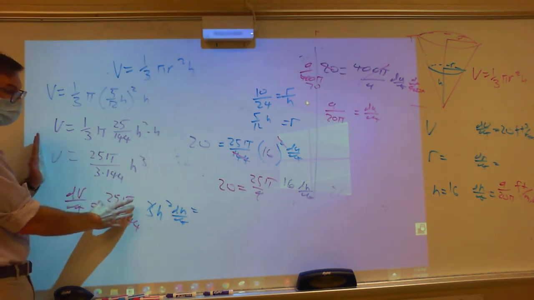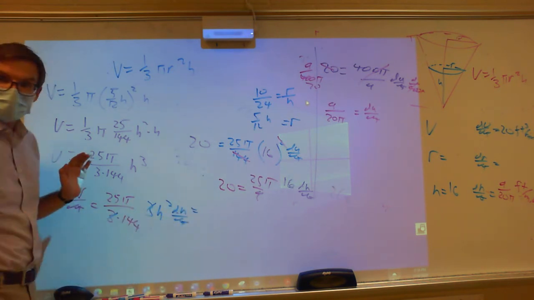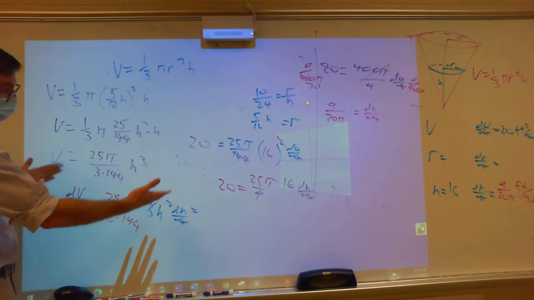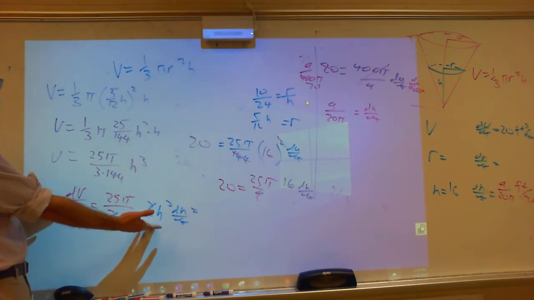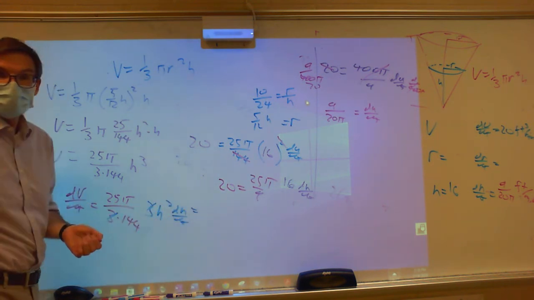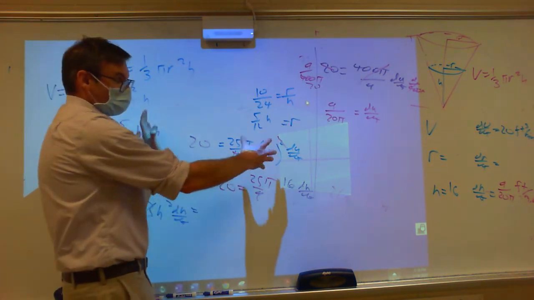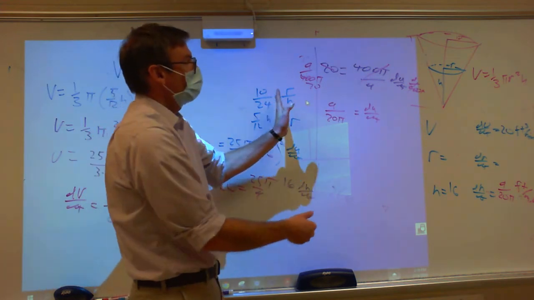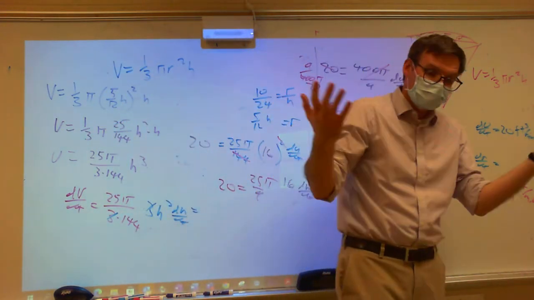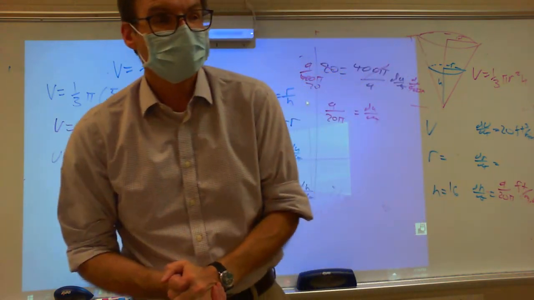You got some ugly number times 3h squared dH/dt. And then once you get to this stage, you can just plug what you know. You know dV/dt, you know h, and you're looking for dH/dt. So you clean this up a little bit, and then solve, and we get 9 over 20 pi, and you have to remember the units because the AP exam is concerned about units.